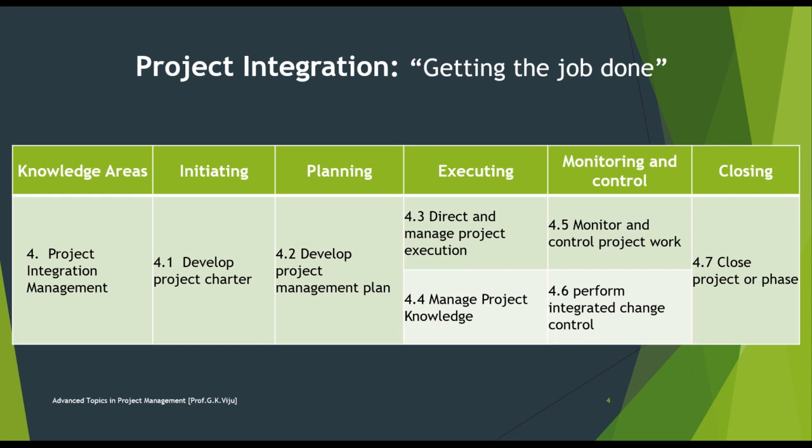Project integration management has 7 processes: develop a project charter, develop project management plan, direct and manage the project work, manage project knowledge, monitor and control project work, perform integrated change control, and close the project or phase.